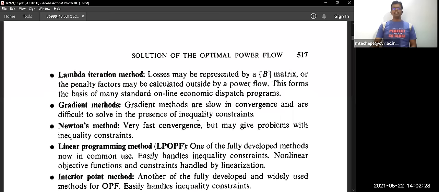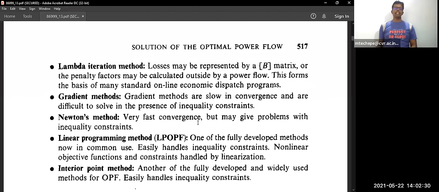So here, these are the solution methodologies for solving the optimal power flow problem. The first one is the lambda iteration method, then the gradient method, Newton method, linear programming method, linear programming optimal power flow method, and interior point method.